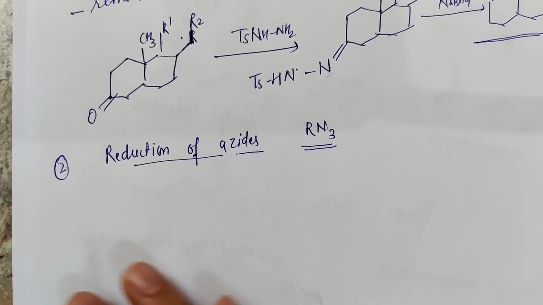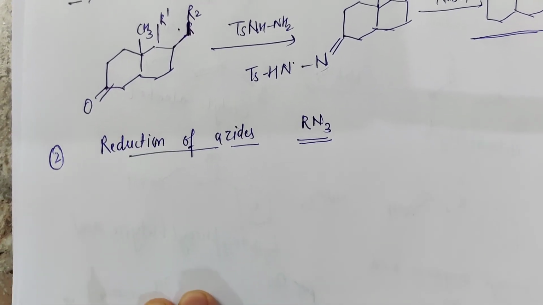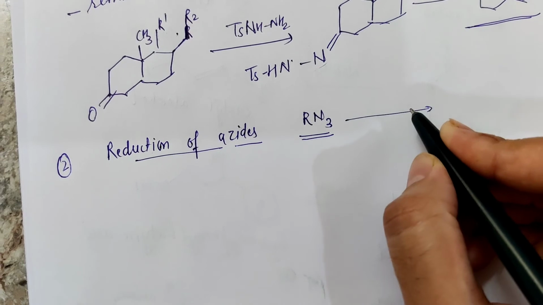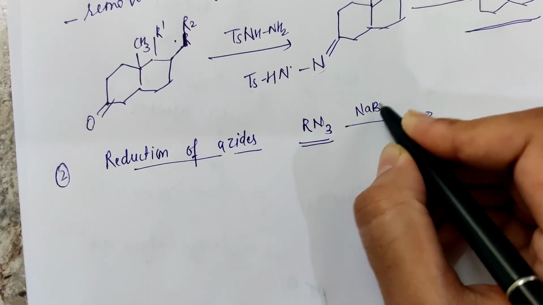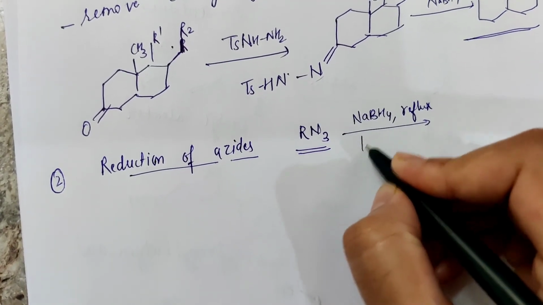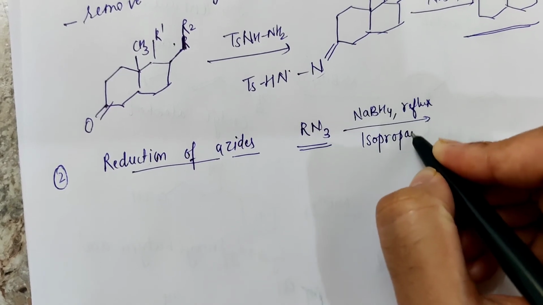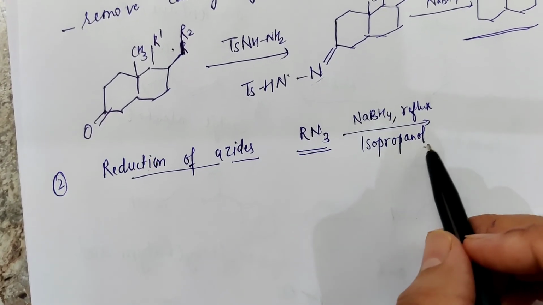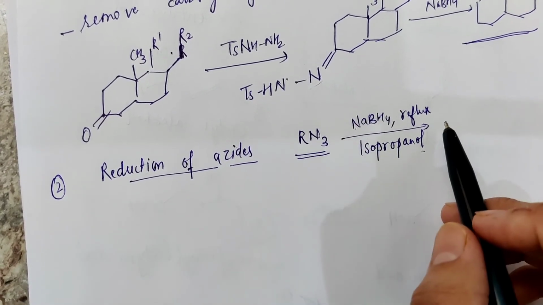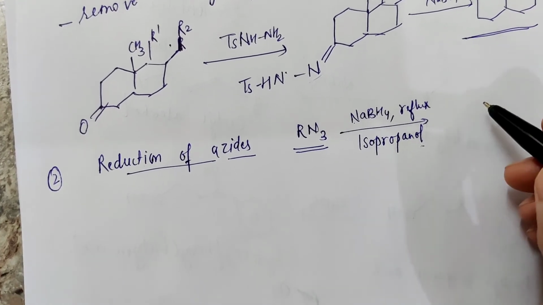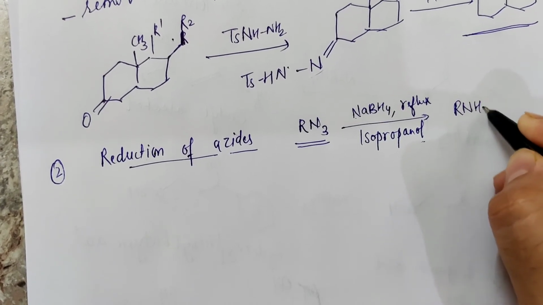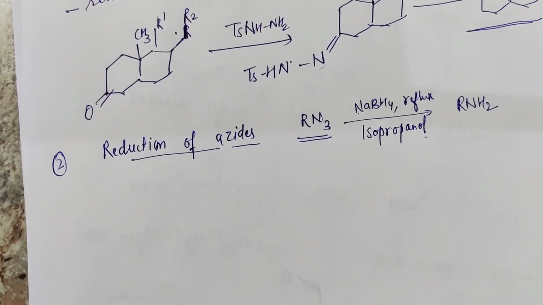Azide normally doesn't get reduced with sodium borohydride, but if we reflux azide with NaBH4 in isopropanol as solvent, NaBH4 will act as a reducing agent, and this process will require refluxing. If refluxing is done, then the azides are converted into amines, RNH2. This reaction takes place.